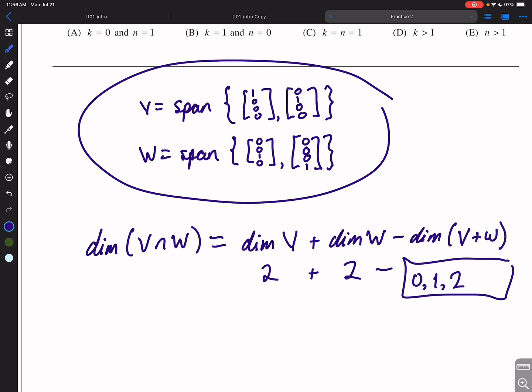So again, if V has 2 dimensions, then we consider the dimensions that the sum could have. If W is nothing at all, a 0-dimensional space, the space of just 0, then the dimension would be 2, because V has dimension 2.